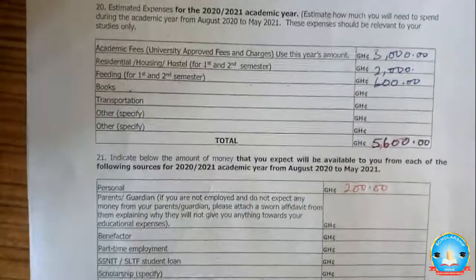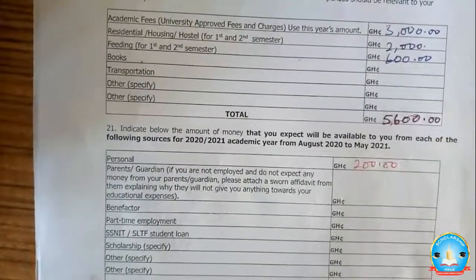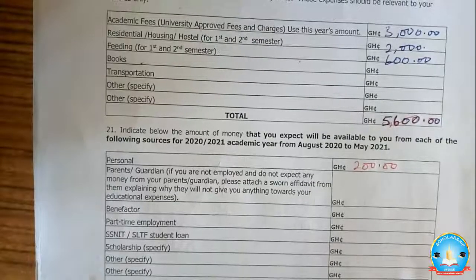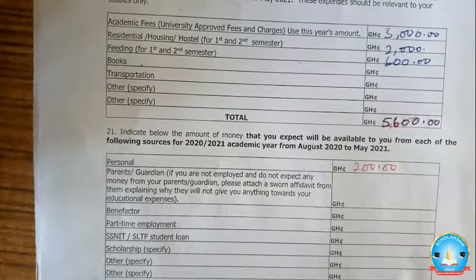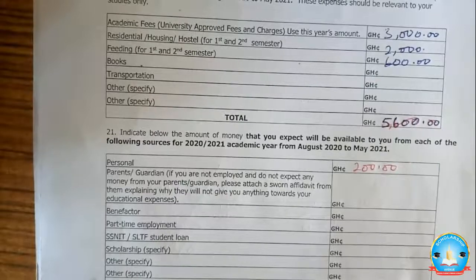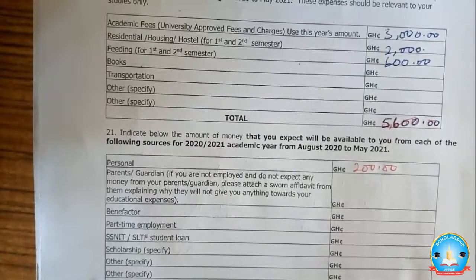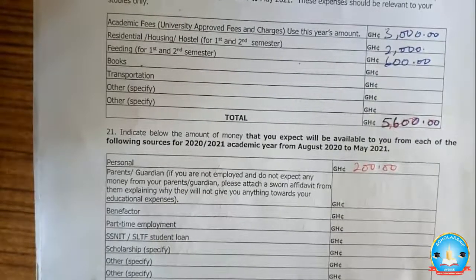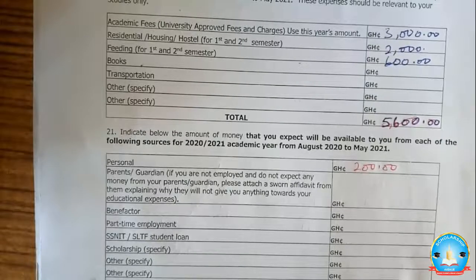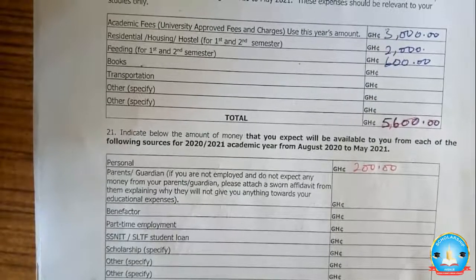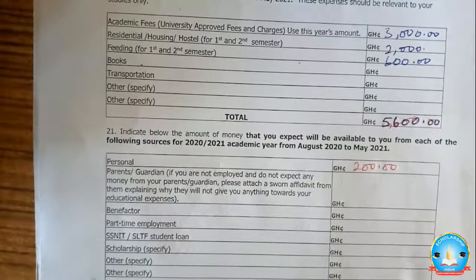Now let's go to question 21, which reads, indicate below the amount of money that you expect will be available to you from each of the following sources for the 2020-2021 academic year, which is August 2020 to May 2021.